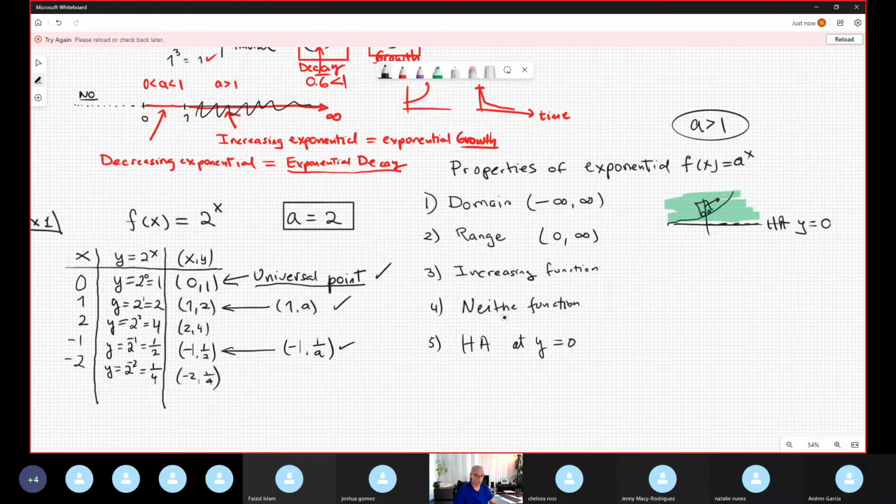And we have typical points. Typical points, the universal points: (0, 1), (1, 8), and (negative 1, reciprocal).